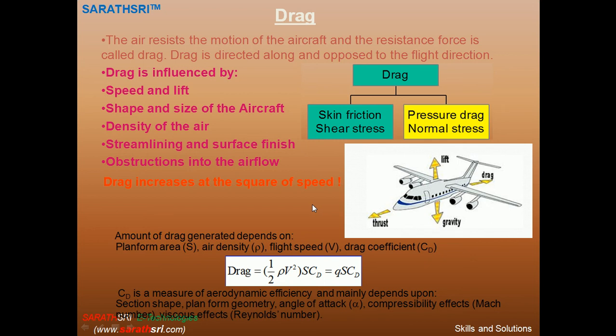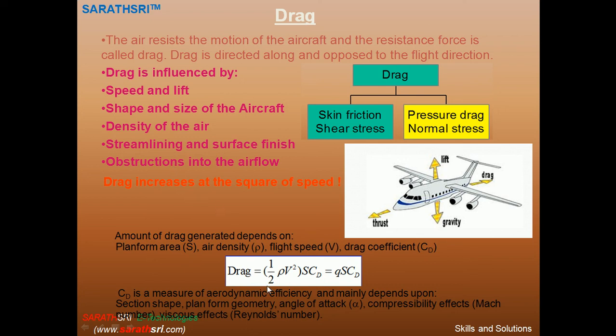So there is another factor which reduces its performance, which is drag. It is opposite to the movement of the aircraft, for the lift as well as thrust. It depends upon the speed, shape, and density of air, and any obstructions in the flow.